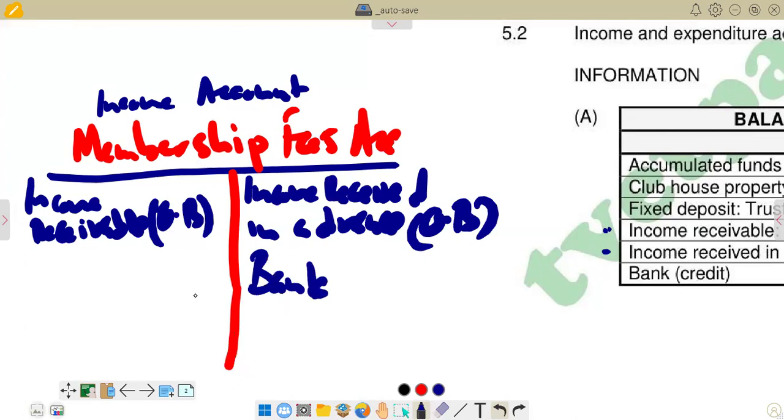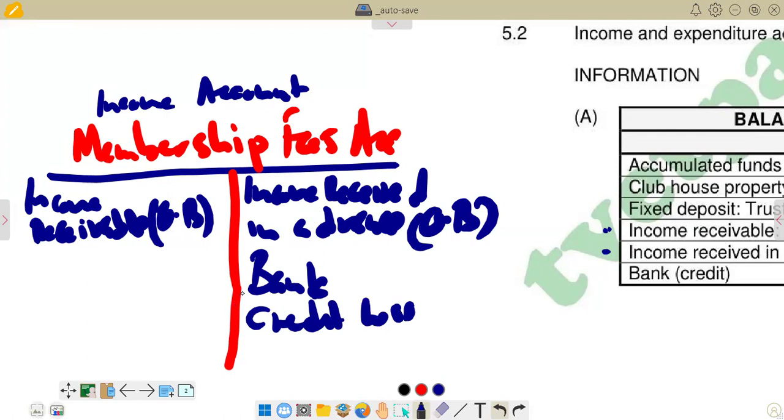This is the double entry that we have there. If you have any credit losses, meaning any membership fees that have been written off, you are supposed to put them again on the credit side. Any other transaction that might follow, you can also see where to place them.